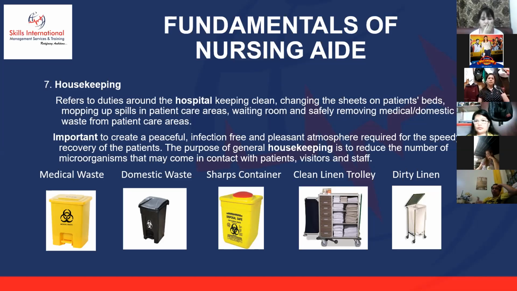It is wall mounted. You will not find it on the floor. When you are coming inside the healthcare facility, just observe. Look around. Where is the sharps container placed? Where are the medical waste and domestic waste? And where are the clean linen trolley and the dirty linen?